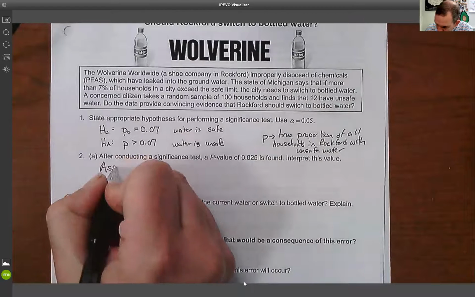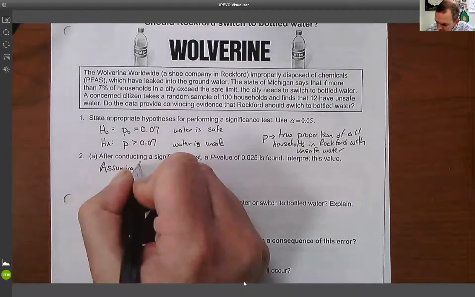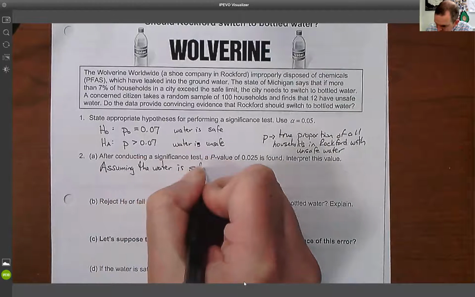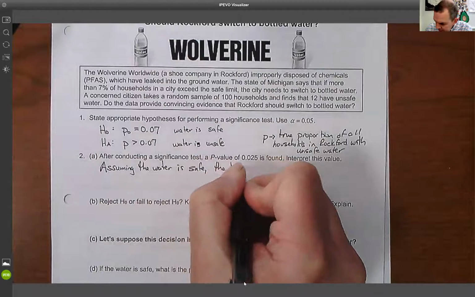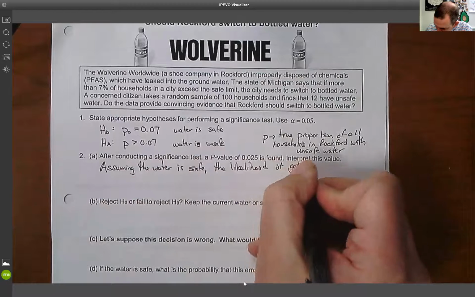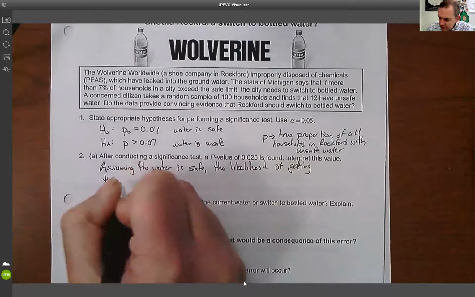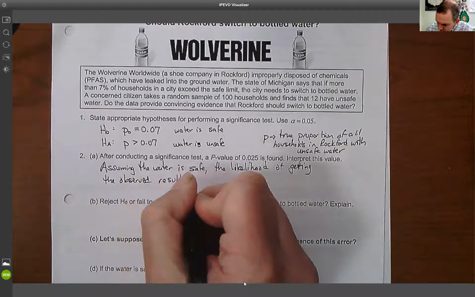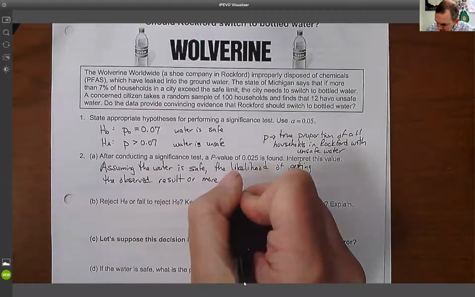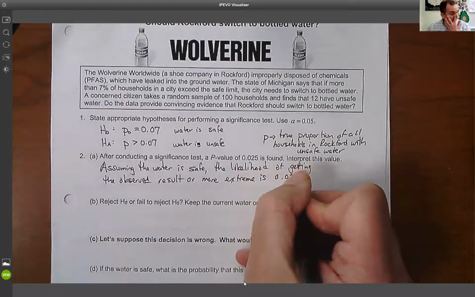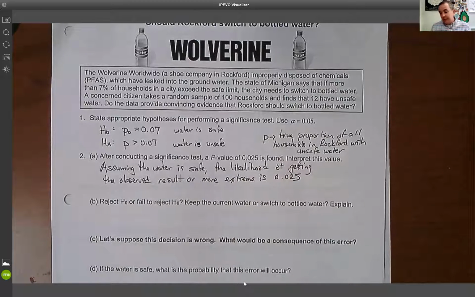We're going to say, assuming the water is safe, which is my null hypothesis, the likelihood of getting the observed result or more extreme is 0.025. So basically, in this case, it's an unlikely event. It's not very likely that this should happen.